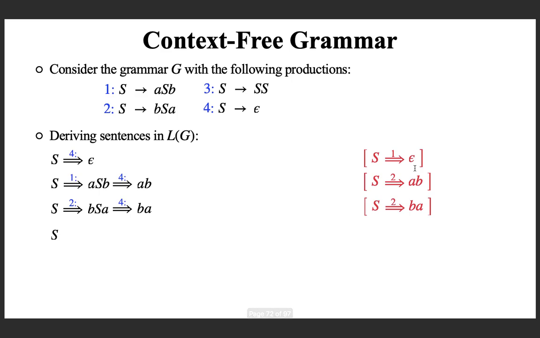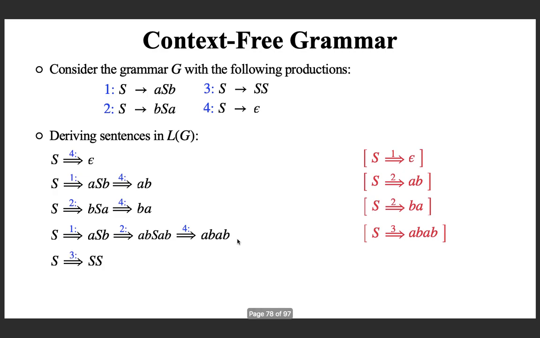Then as the first step, apply production number 1. Second step, production number 2. So in this case, capital S is replaced with BSA. And then apply production number 4, I am getting ABAB in 3 steps. Then start with 3, which is SS, then apply production number 1. On the first S, I am getting ASB in that place.